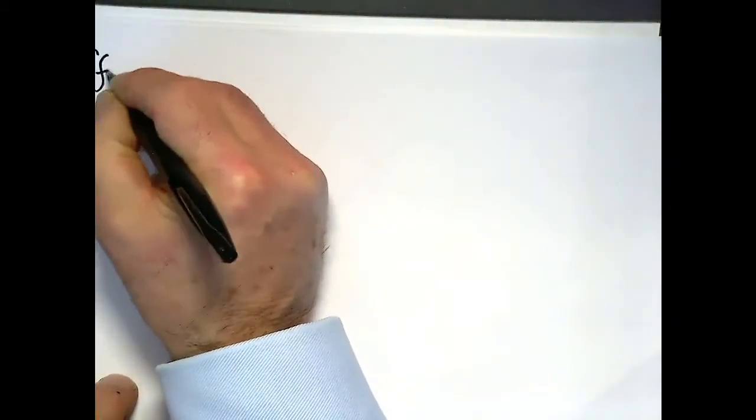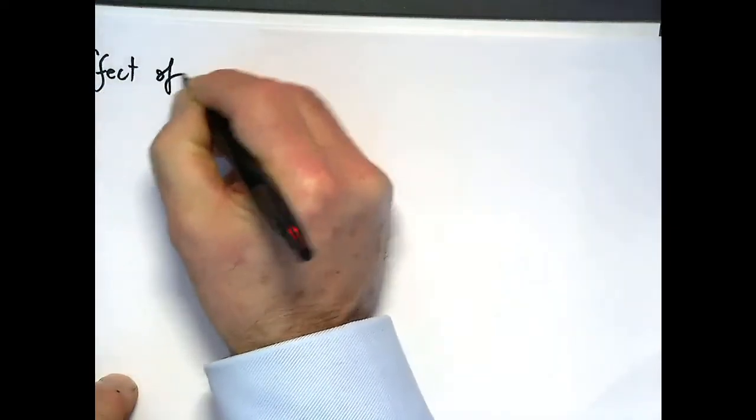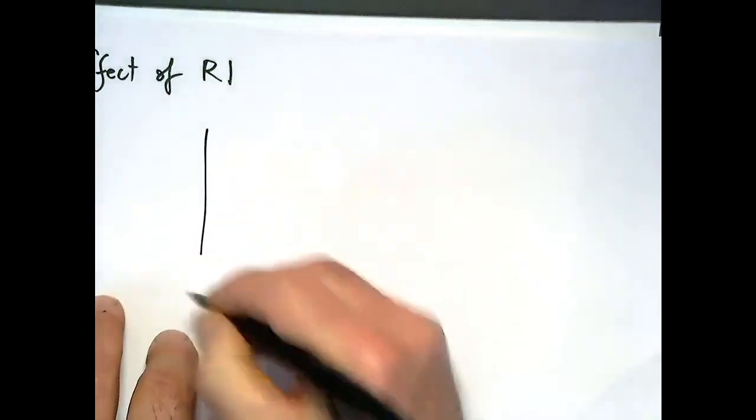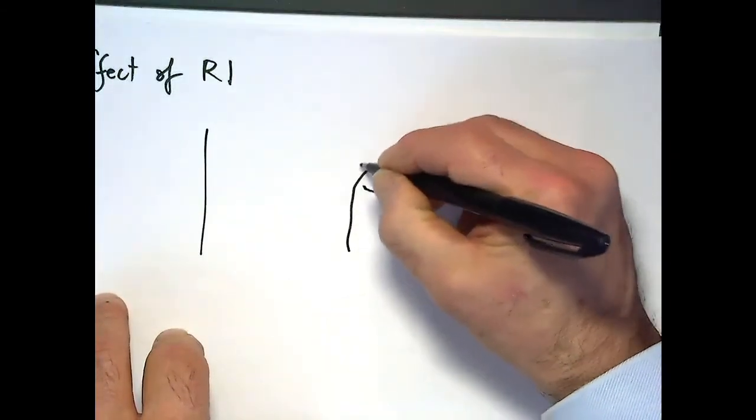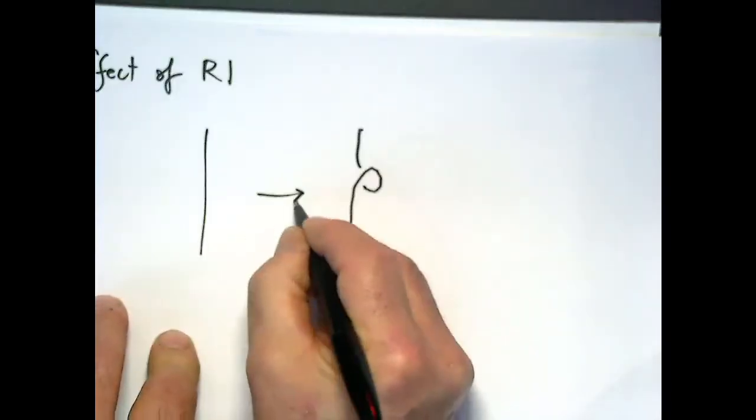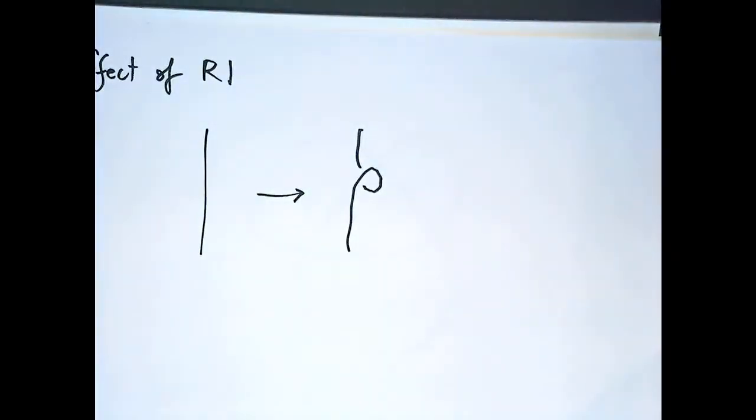So what is the effect of R1 on the Kauffman bracket? Well, R1 is essentially doing a twist. We might start with a strand here, and we maybe put a twist in it. That would be an example of an R1 move. Now, if I put a twist like that, then what is the rise?